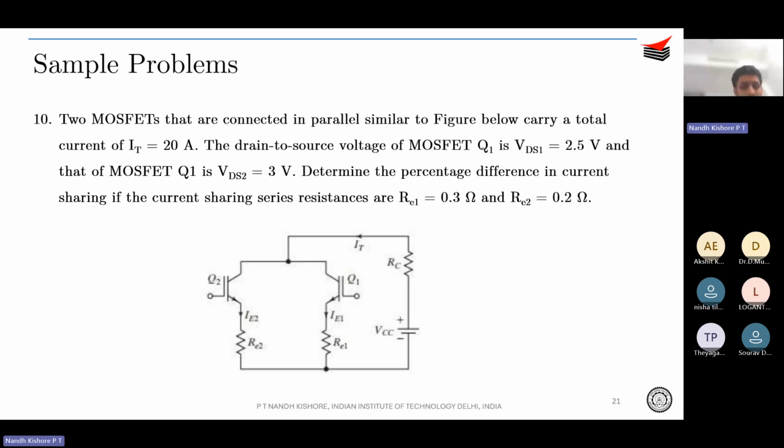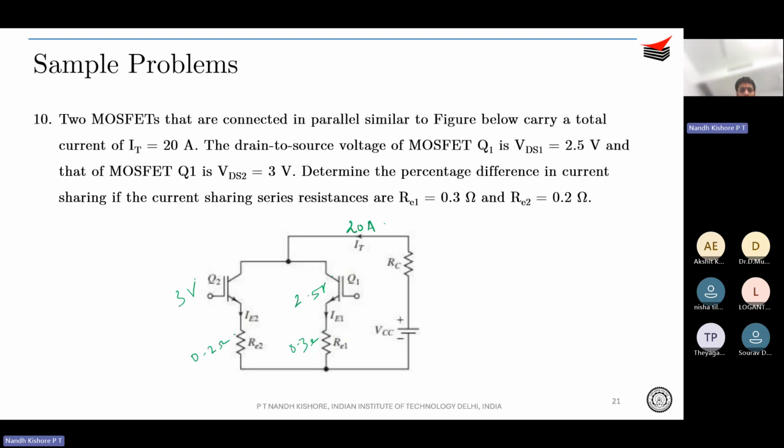So this again is a simple problem. It can be solved by first principles that we are aware of. So IT is 20 amperes, and Q1 is 2.5 volt and Q2 is 3 volt, and RE1 is given as 0.3 ohm and RE2 is 0.2 ohm.